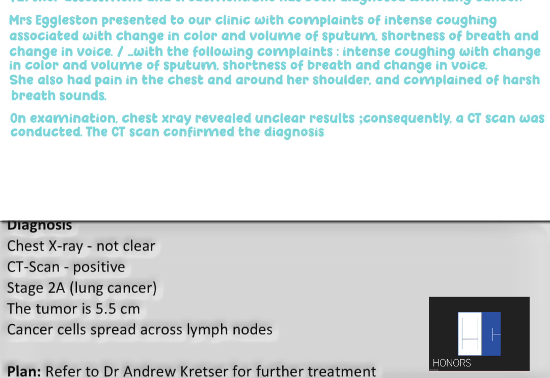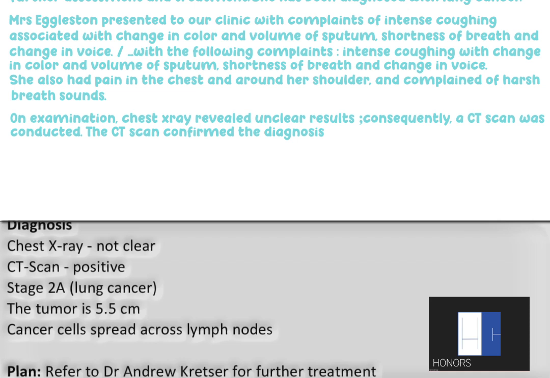The CT scan confirmed the diagnosis of, now why are we writing the diagnosis? Because we have already mentioned the diagnosis in our introduction. That's specific information. That's the reason we wrote the diagnosis.